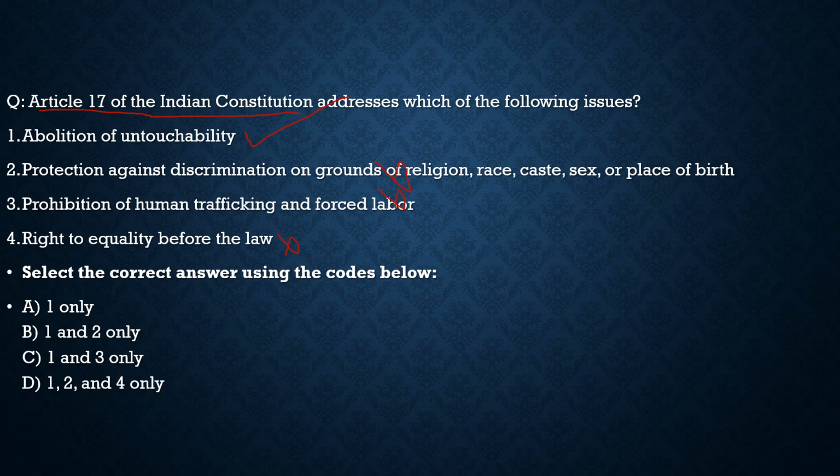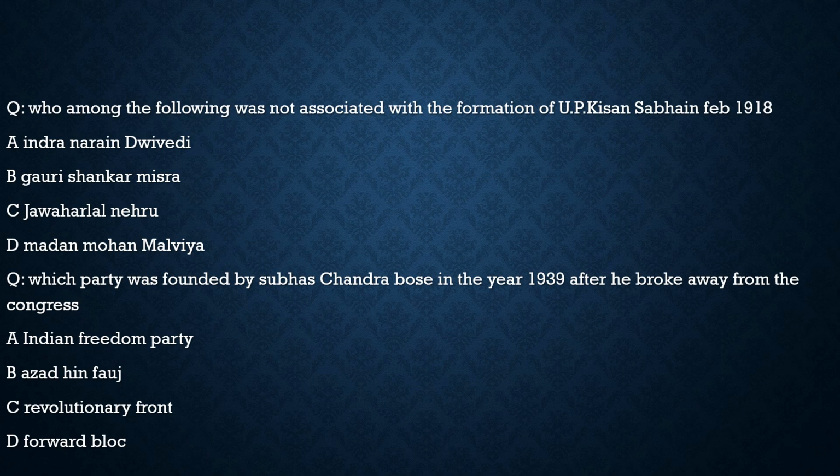Now let's move to the last part of our discussion, which is solving the previous year questions. Here the first question says, who among the following was not associated with the formation of UP Kisan Sabha in Feb 1918?